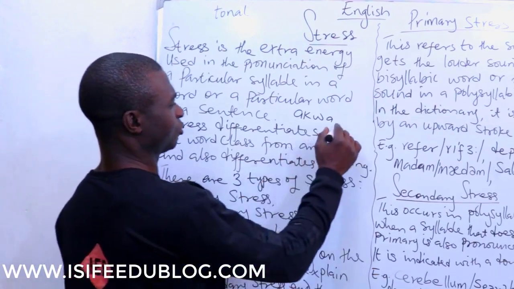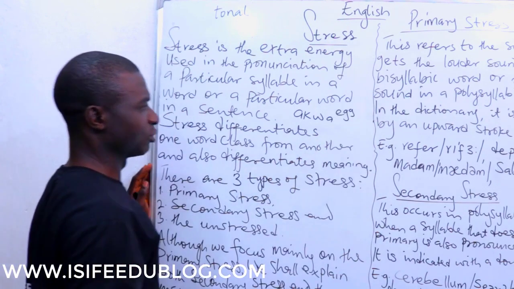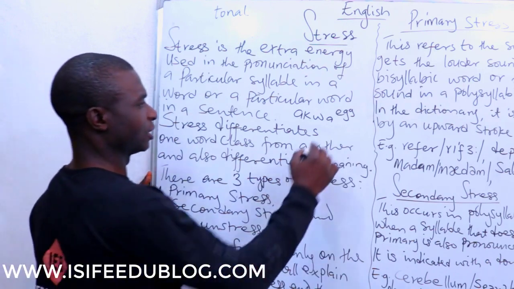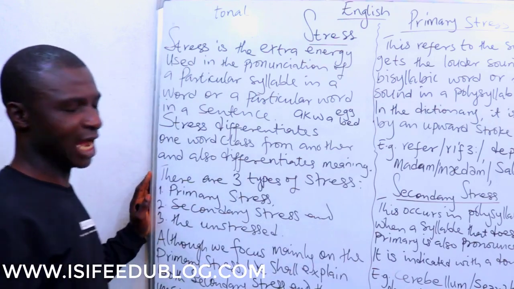Now, this could mean egg when it is pronounced aqua. It could mean bed when it is pronounced aqua.